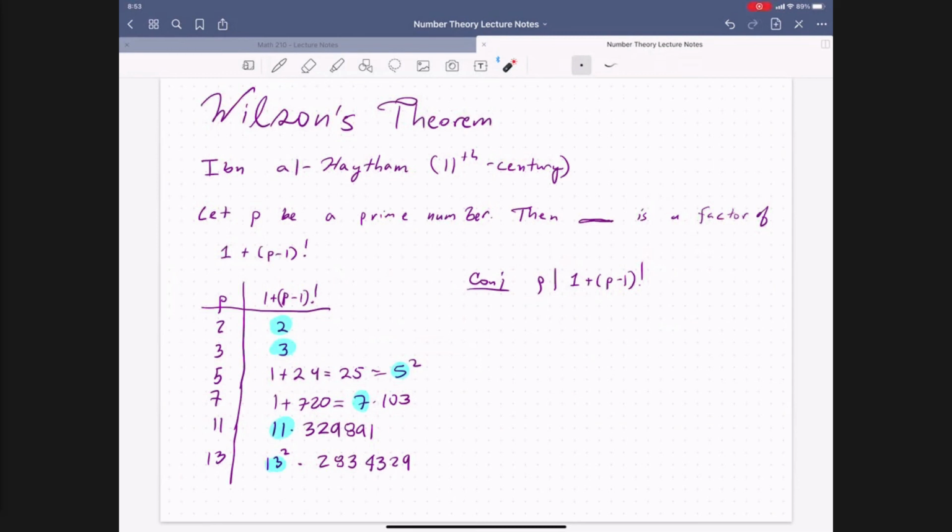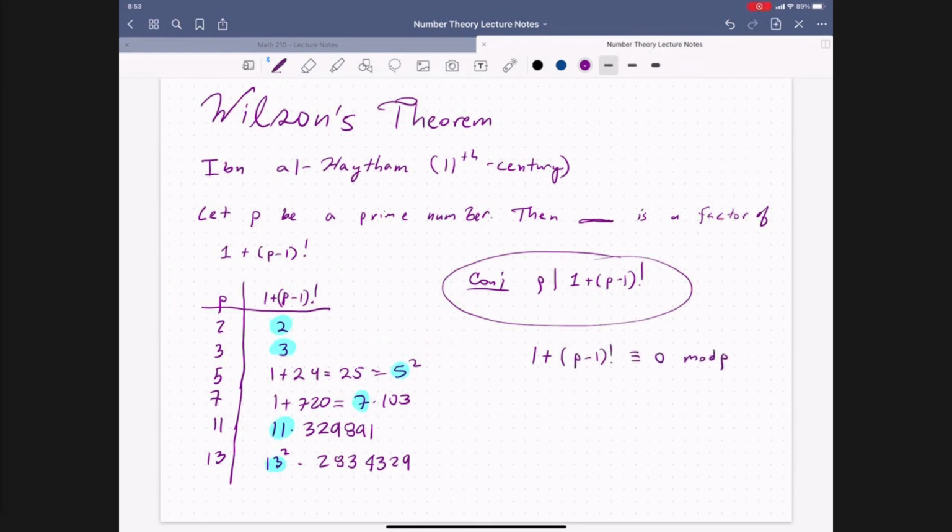We are not going to prove it the way Lagrange did, but, as I mentioned, the way Gauss did, using modular arithmetic. So we are going to rephrase this. We have a statement about divisibility. If we rewrite this in the language of congruence, what we are saying is that 1 plus (p minus 1) factorial is congruent to 0 mod p.